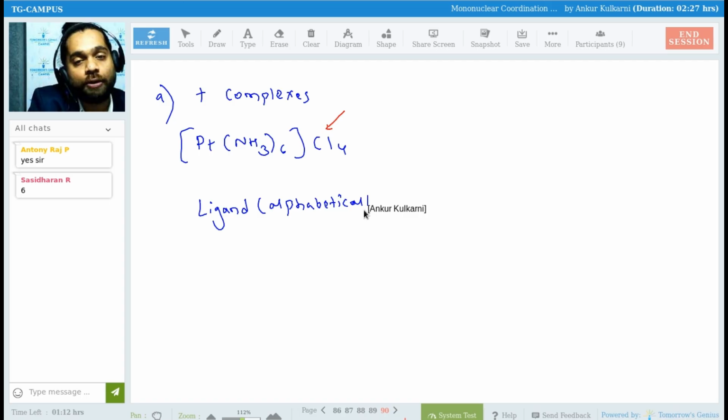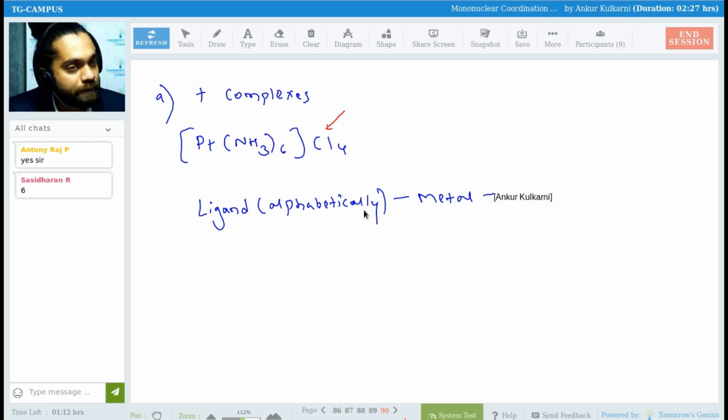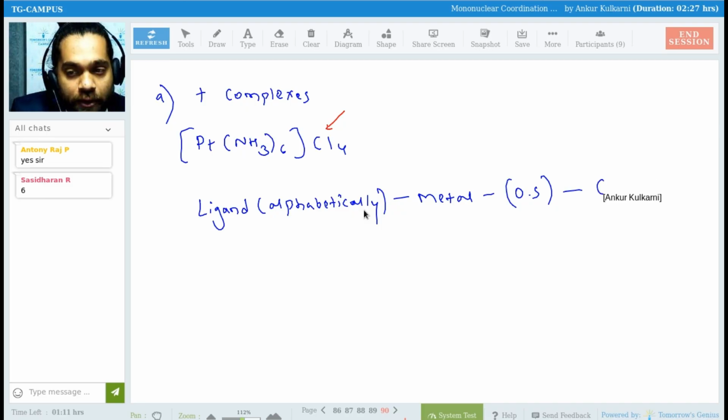After that, without giving any space, after the ligand we write down the central atom, that is our metal. Then after the metal, we write down the oxidation state of that metal. Then we write down the counter ion.